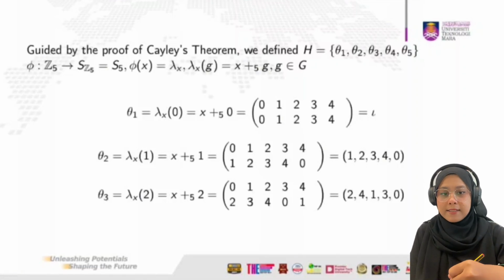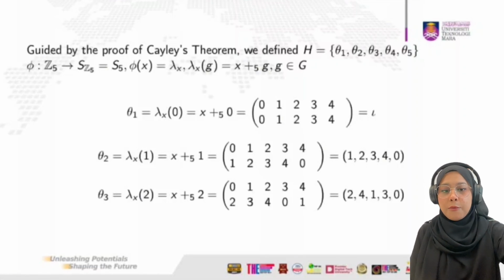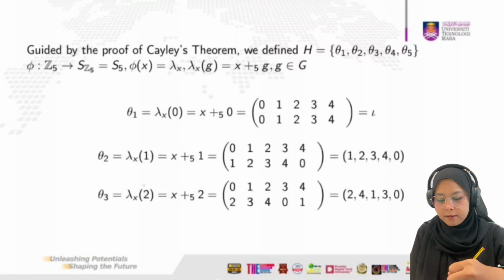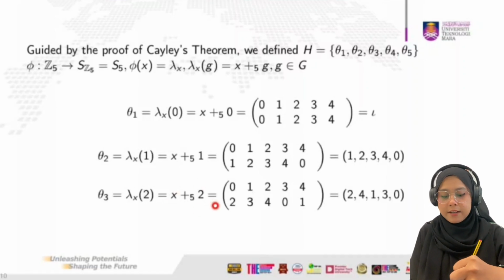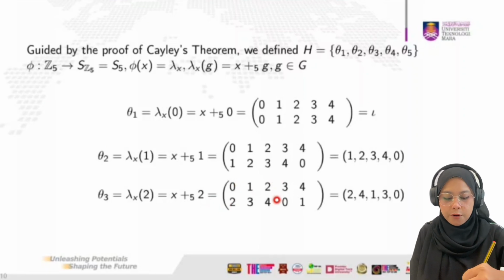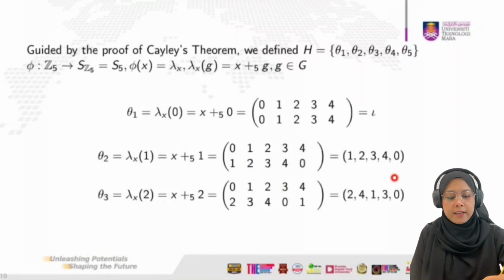The next one is theta 3, where the operation here is x addition modulo 5, 2, where 0 maps to 2, 2 maps to 4, 4 maps to 1, 1 maps to 3, and 3 maps to 0. And the answer we obtain here is the cycle notation (2, 4, 1, 3, 0).